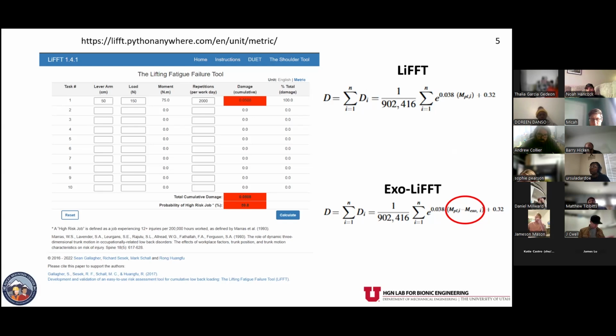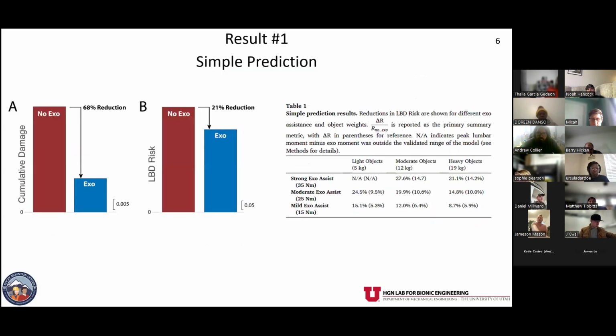What this paper did was say, okay, if I need to figure out my biological peak moment, I'm just going to subtract what the exoskeleton does. That seems pretty simple. Just by subtracting this moment from the exoskeleton, obviously it would make things way easier. And that's what they found.